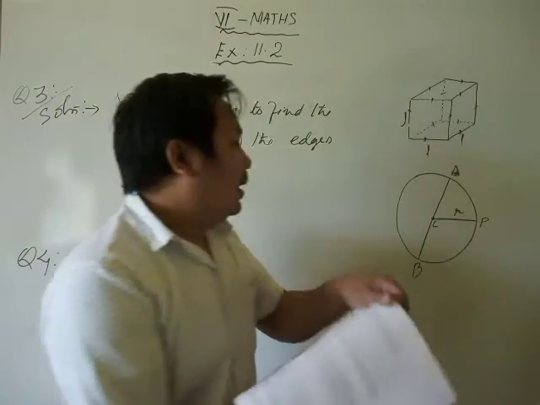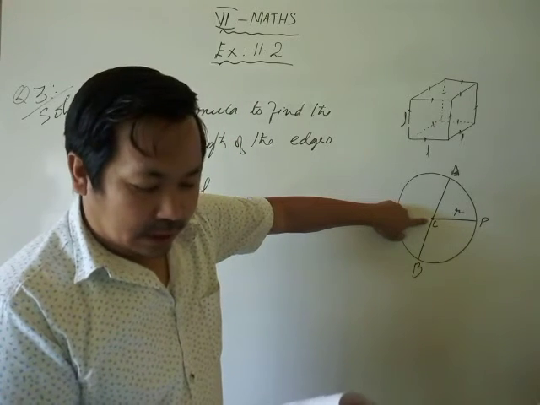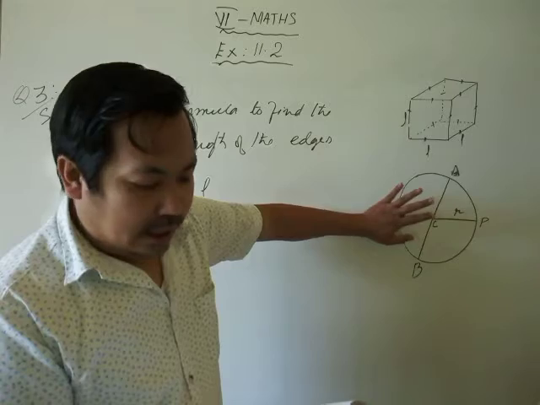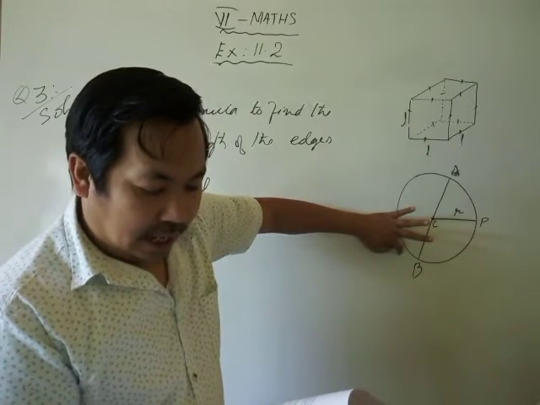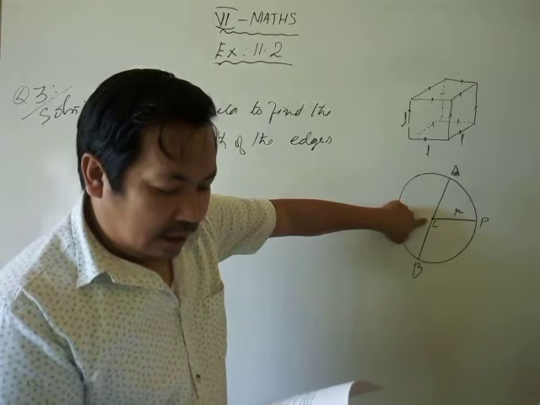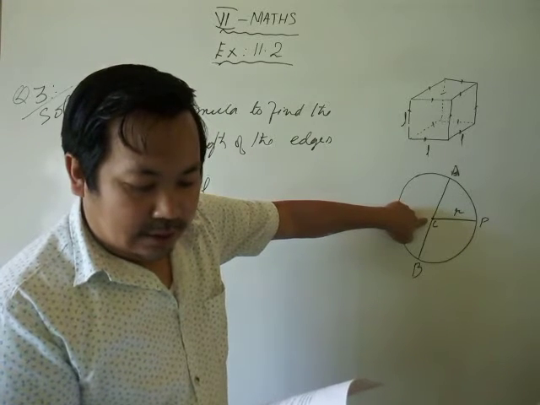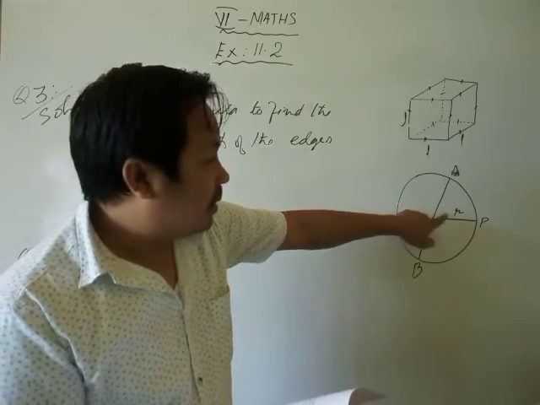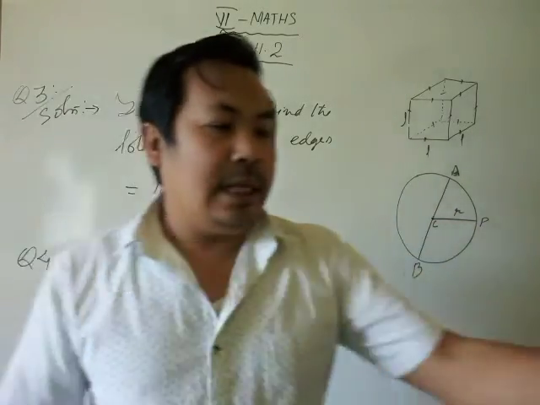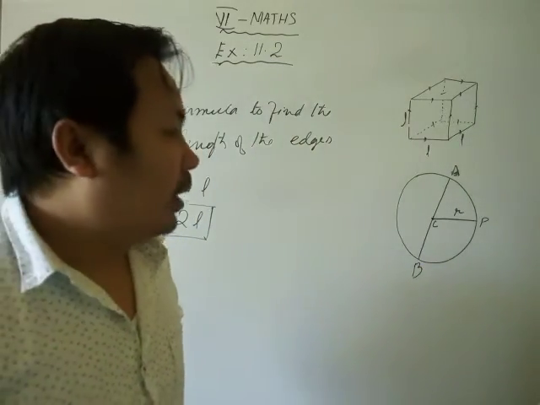In this figure, AB is the diameter of the circle, C is the center. Now express the diameter of the circle, that is D, in terms of its radius. So what is the relation between the diameter and the radius that we have to find?